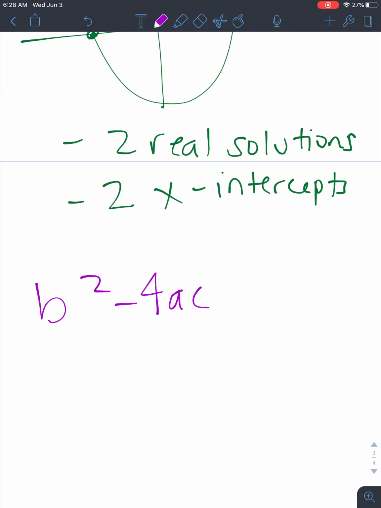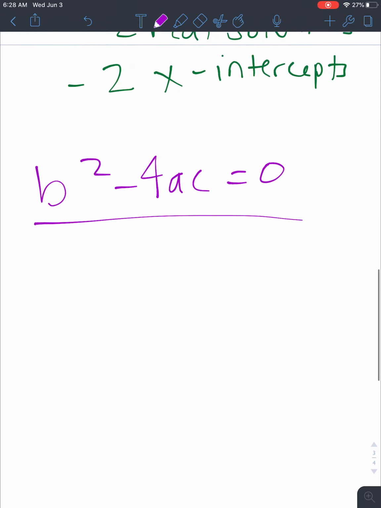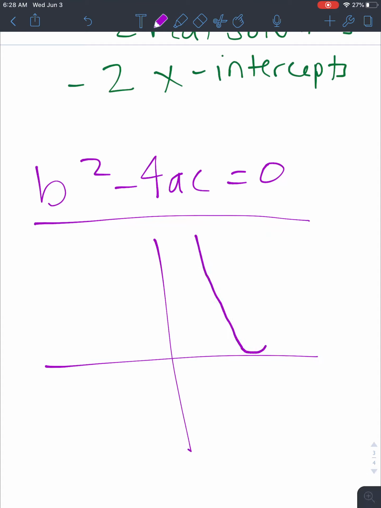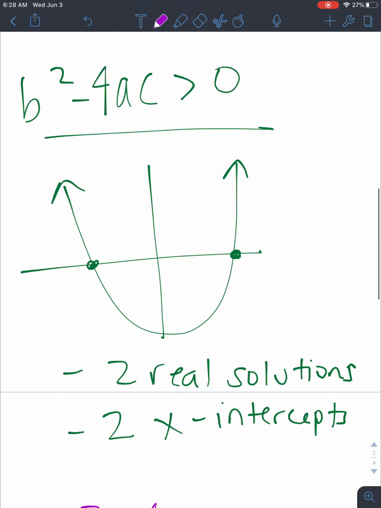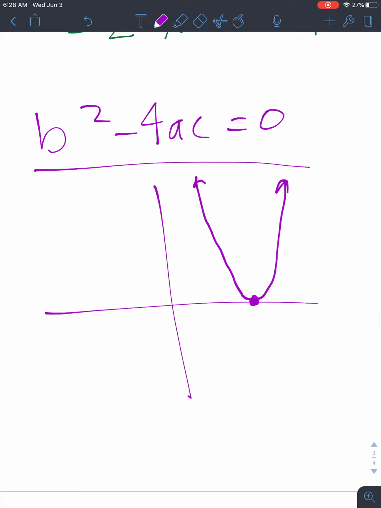If b squared minus 4ac equals 0, you actually had this yesterday in, I believe, your second example. That means that rather than hitting the x-axis and crossing it, it only hits it at one spot. So rather than hitting it and crossing it twice, like we did in our first example, it only hits it once.